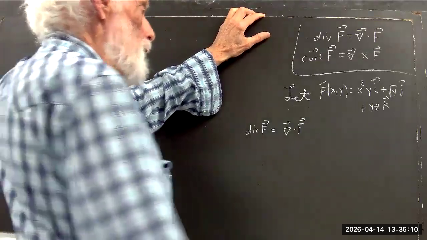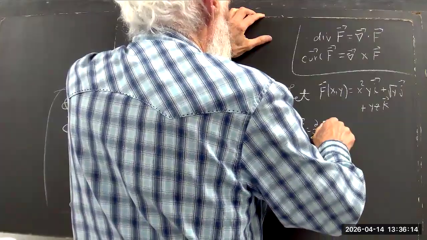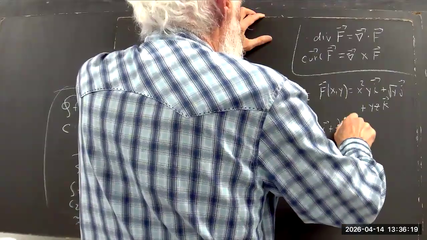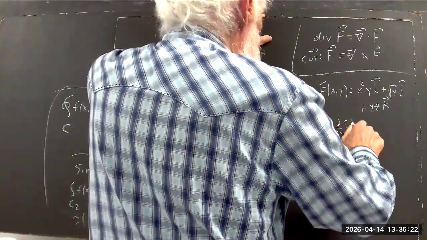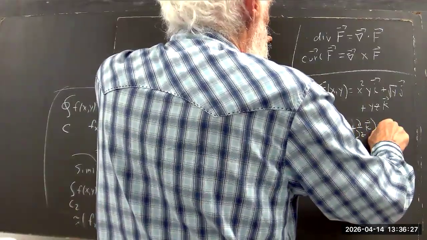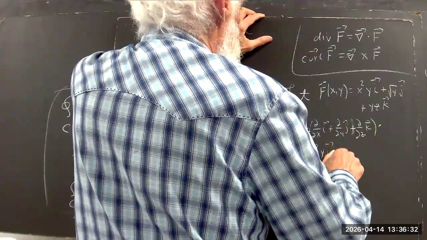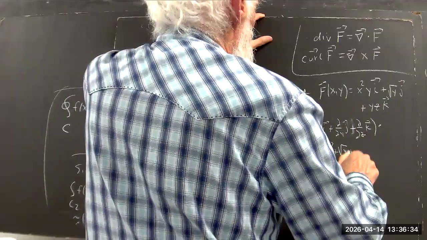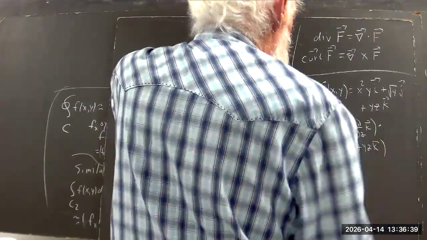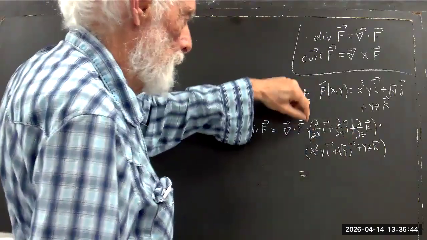Well, divergence of F is del dot F, which is, to write it all out, partial with respect to x i plus partial with respect to y j, not done yet, plus partial with respect to z k, dotted with x squared y i plus the square root of y j plus yz k equals, well, I've got my i's and my j's kind of lined up here.